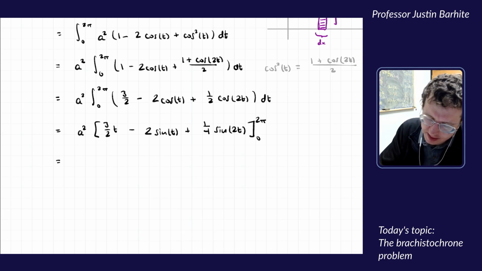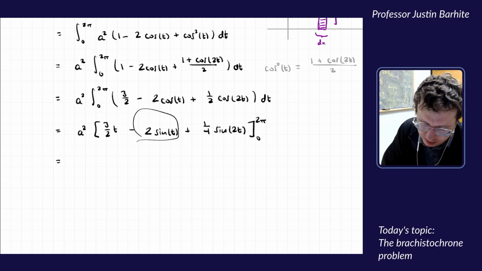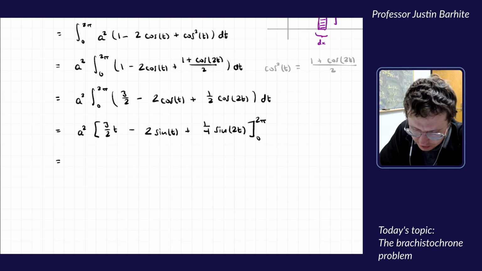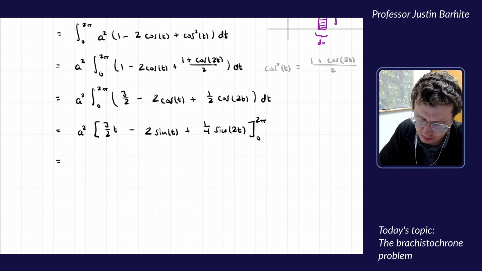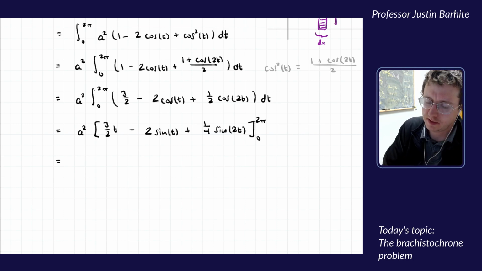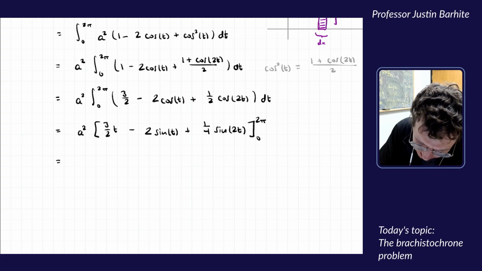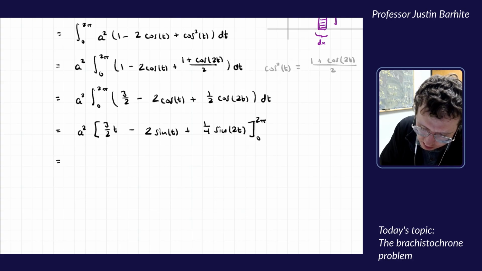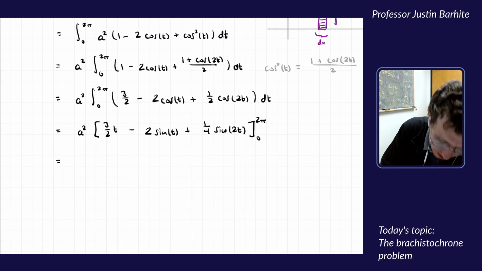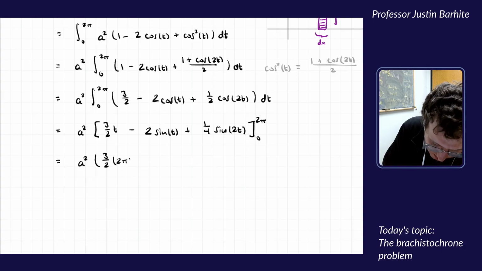And the really nice thing about evaluating things at 0 and 2 pi is if they're a trig function, they give you the same results, as long as you're not doing like t divided by 2. And these are just sines. When I plug in 0 or 2 pi, these are all 0. The only term that's going to survive is this 3/2 t. So I'll get 3/2 times 2 pi minus 3/2 times 0.